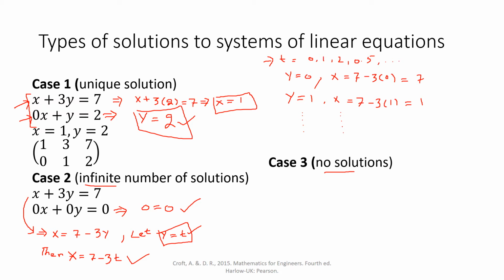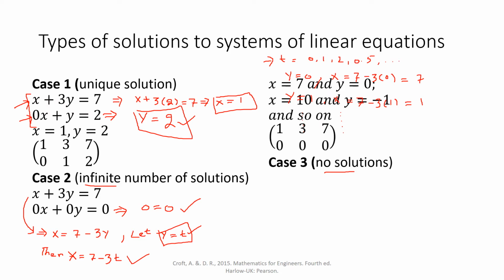Now look at case 3. Okay, so this is my slide work. And this is the augmented matrix here for the first case, because we need the augmented matrix, so I am trying to repeat it so that you could learn it.